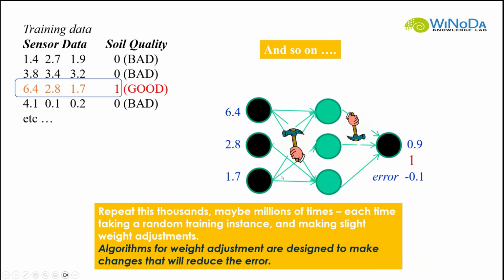I put this through the network. I find out that the current answer it gives me is 0.9, but it should have been 1, because I have labels of 0 and 1. So the error is minus 0.1. This error I can now analyze to see where in the network most of the error was made. Then I correct these parts of the network, and next time the result will become better.